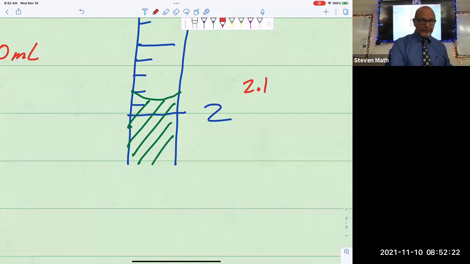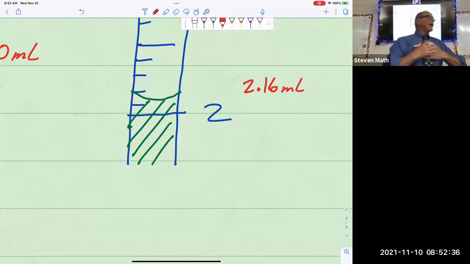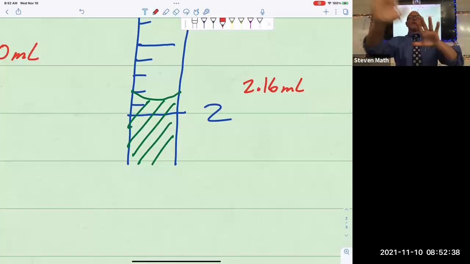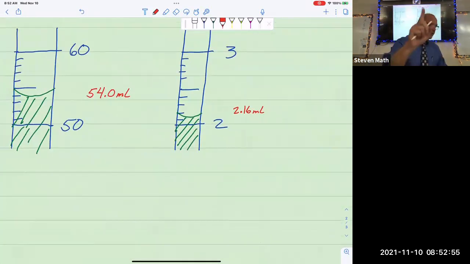So what's your estimate? 6. I'm never going to question whether that's a 5 or a 6. I'm never going to come up to your glassware and go, wait a minute, that might be 2.14. I'm more concerned, are we getting the right number of decimals off of whatever glassware we're using to measure? That's the important thing. We always get to estimate one more.